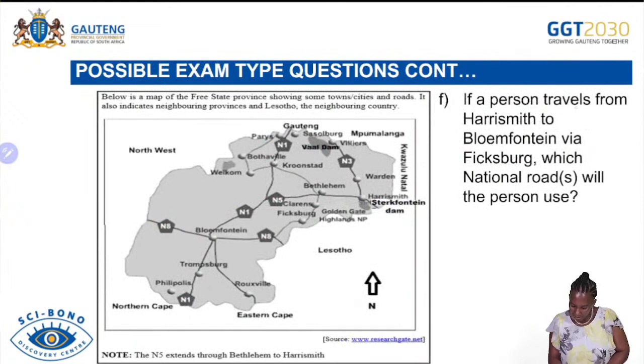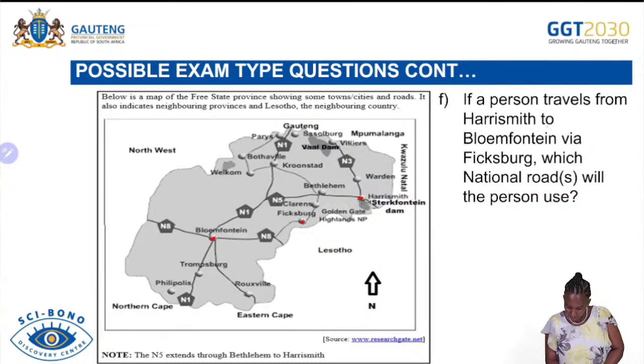And then the next question, if a person travels from Harrismith via Ficksburg. Let's identify the Ficksburg. They're traveling here via the Ficksburg. If a person travels from Harrismith to Bloemfontein, and here is Bloemfontein.